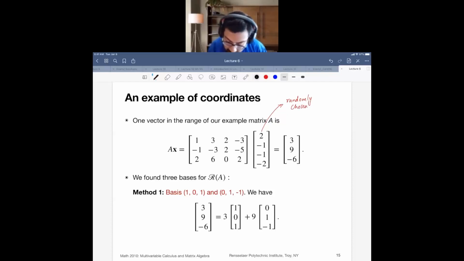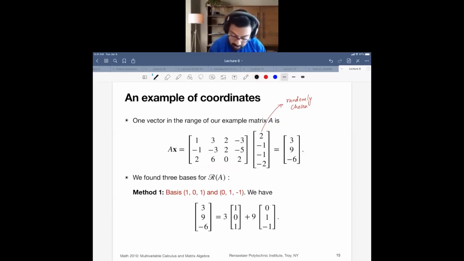I've got my A, same as before, the example matrix. We found its range, we found its basis of range, we did all of that. So if you multiply A with x, you get this particular vector over here.